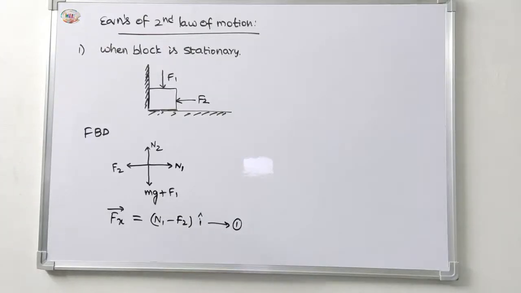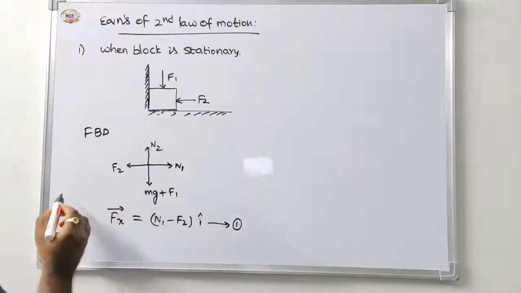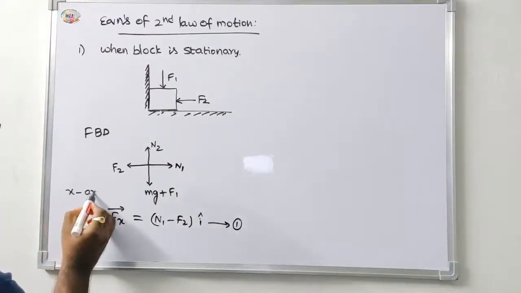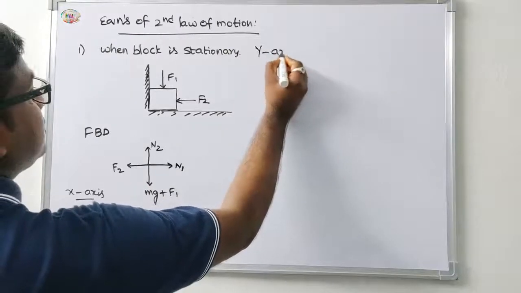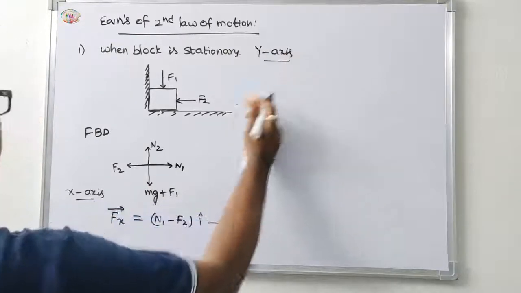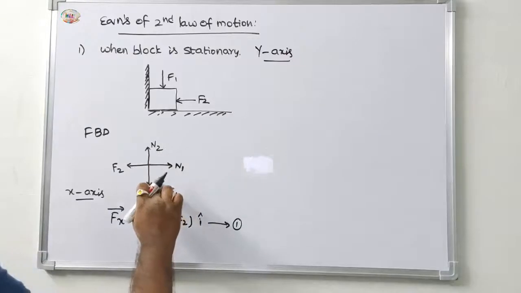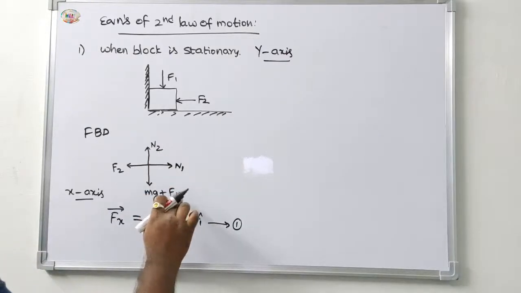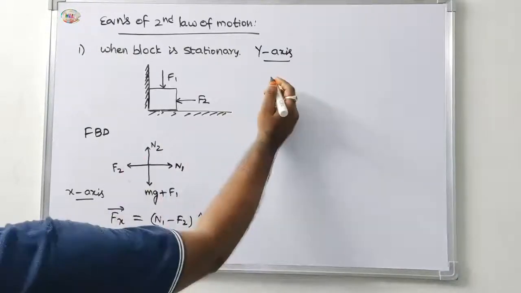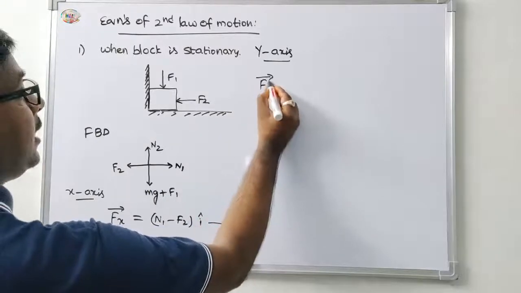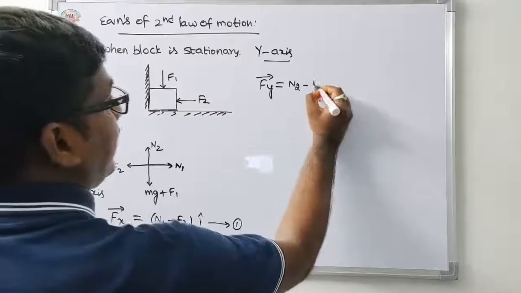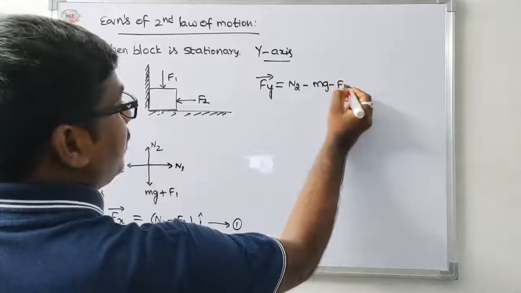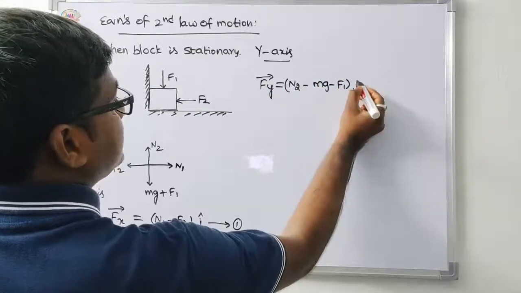Along the y-axis, Fy is equal to N2 minus mg minus F1 into j cap.